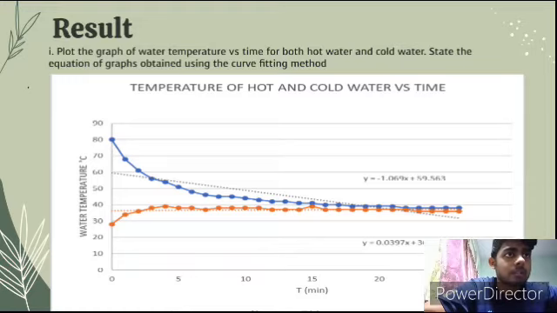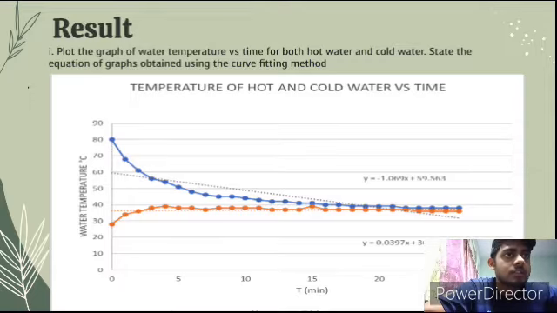The blue line represents the temperature of hot water, and the orange line represents the temperature of cold water. The blue dotted line is the linear line, which gives the equation y equals negative 1.069x plus 59.563.